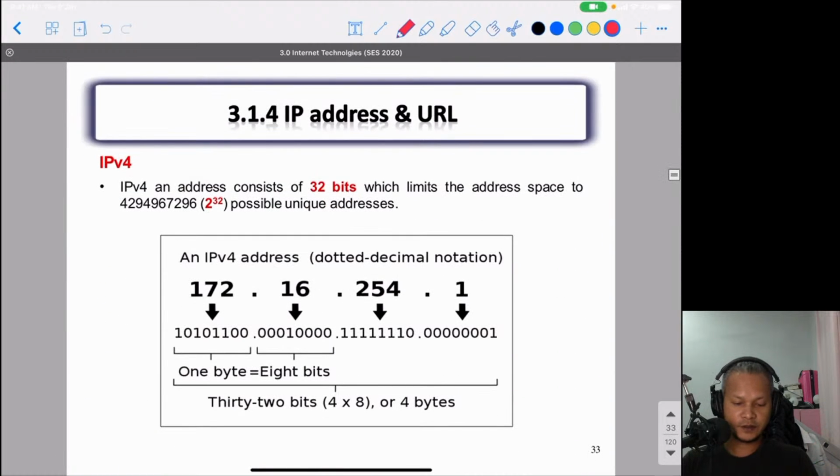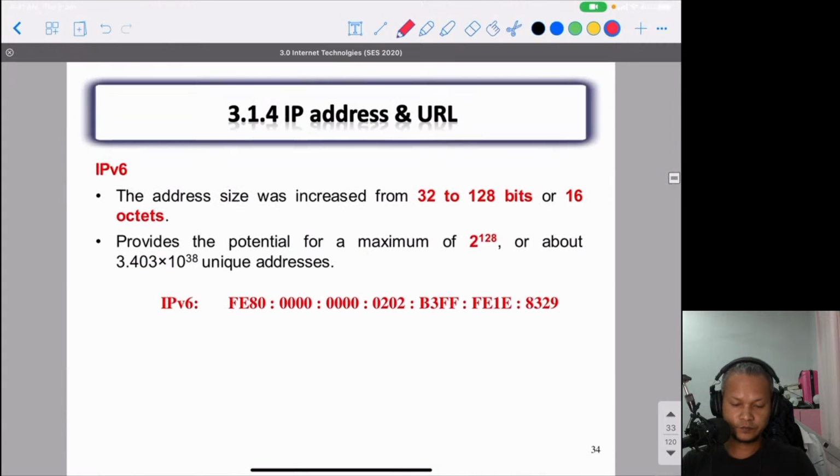Alright, this is the format, actually the format of IPv6. So that it is easy to tell the difference between the two.